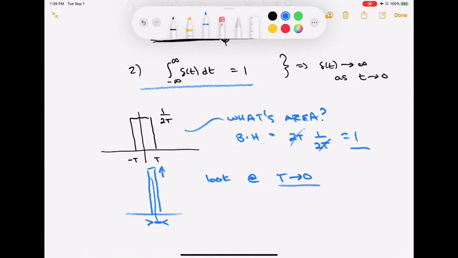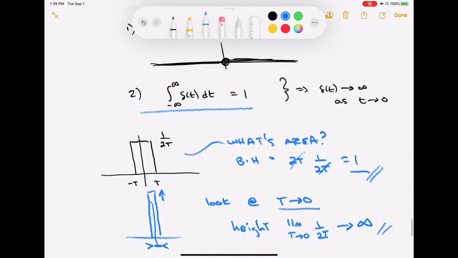As T goes to 0, the height, the limit of 1 over 2T, heads off to infinity. So we can squeeze the width down to nothing, but then the height has to go out to infinity, and it does so in such a way that it preserves the area of being 1. These two properties together, if I take T going out to 0 and I've constructed it as this rectangle function, do satisfy the two properties of my delta function.